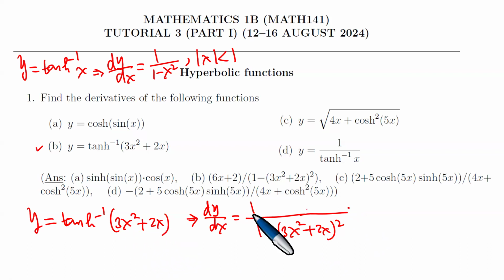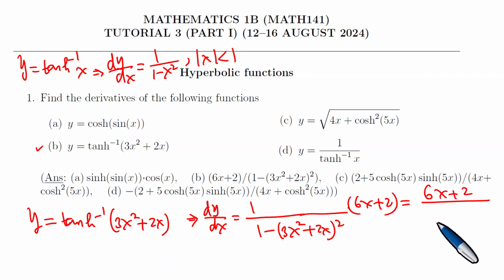The derivative of the 3x squared plus 2x becomes exactly 6x plus 2. The answer becomes 6x plus 2 all over 1 minus 3x squared plus 2x, squared. Any question? We move on to the next.